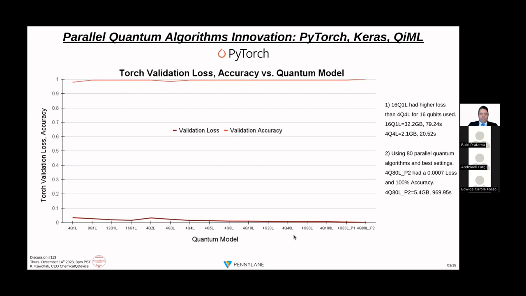So basically, I took that further. Based on the Keras experiments I'm showing you with the best learning rate and the best batch size, this 40, so it's 4 qubits with 80 algorithms in parallel, I'm calling it P2, or my performance 2, was able to get this loss of 0.0007 when compared to the accuracy of 100% on that specific one.